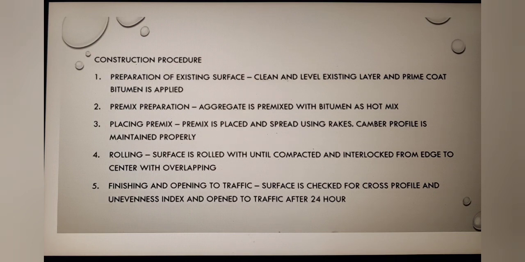Then the premix is placed and spread using the rails. Camber profile is maintained properly. Fourth step is rolling. The surface is rolled with rollers, and the rolling is done from edge to the center without overlapping. And the last step is finishing and opening to the traffic.